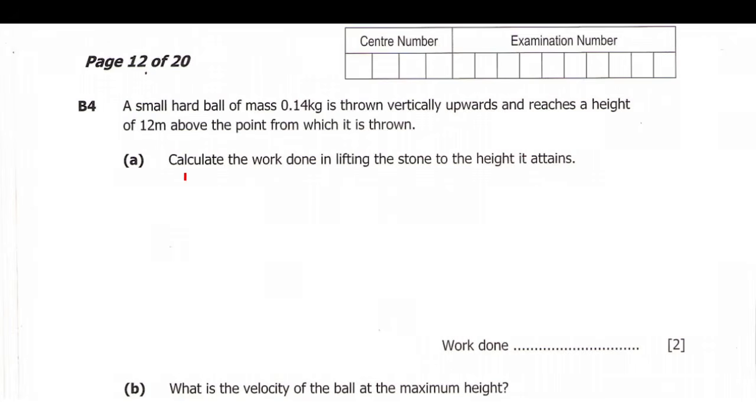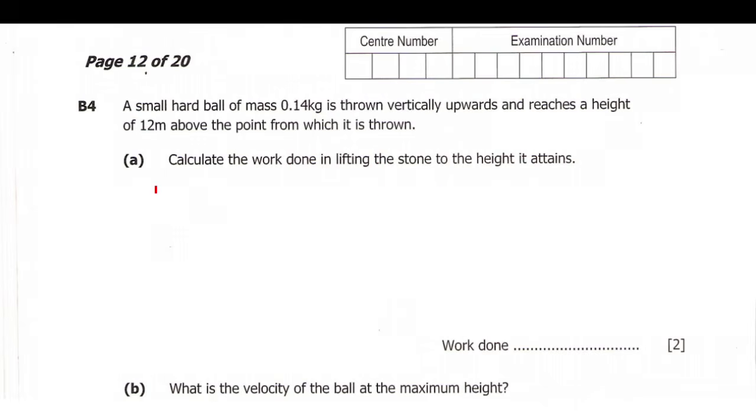A. Calculate the work done in lifting the stone to the height it attains. So here they made a mistake. It's not the stone. We are talking of a small hard ball. So calculate the work done in lifting the ball to the height it attains.